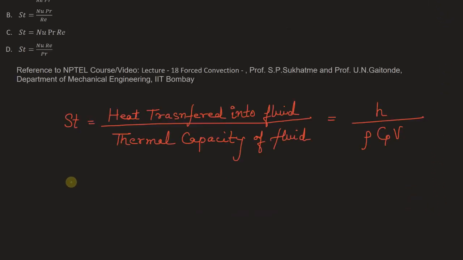Now Nusselt number is also a dimensionless number, which is defined as convective heat transfer divided by conductive heat transfer, which is given by hL upon k.